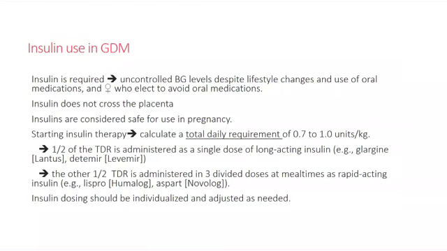We have the long-acting insulin, and then we have 3 divided meal doses of the fast-acting. Insulin dosing should be individualized, but sometimes just one would be enough. Just the baseline could be enough for them. The fewer shots we give, the happier the woman would be.